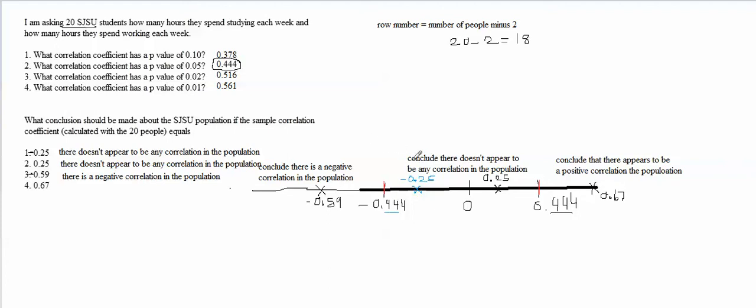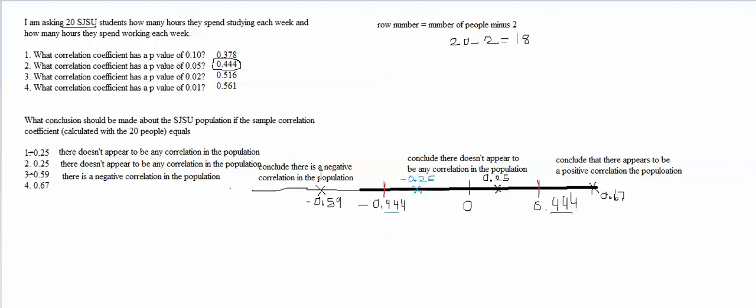We have a left section, a middle section, and a right section. It falls in the right section out here, which means we conclude that there appears to be a positive correlation in the population. This one should have actually said there appears to be a negative correlation in the population.